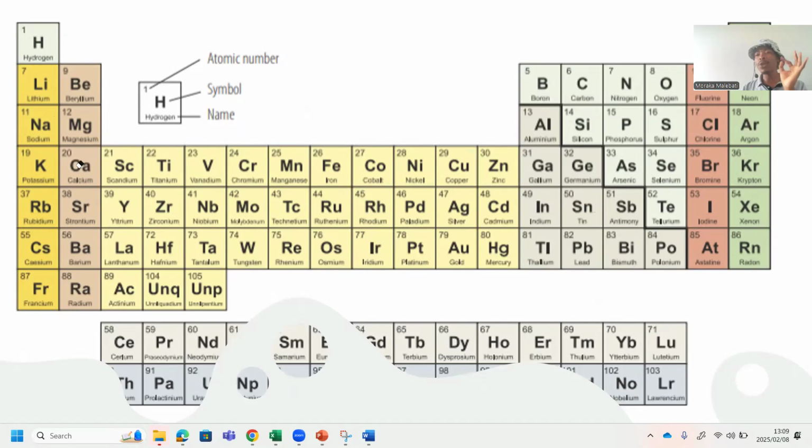Now, in terms of ionization energy, from top to bottom, the ionization energy decreases because the outer electrons are further from the nucleus and experience less attraction. They do not feel that strong attraction from the positive nuclear charge because they are far away from the nucleus.